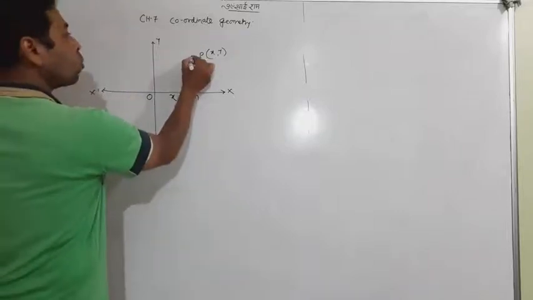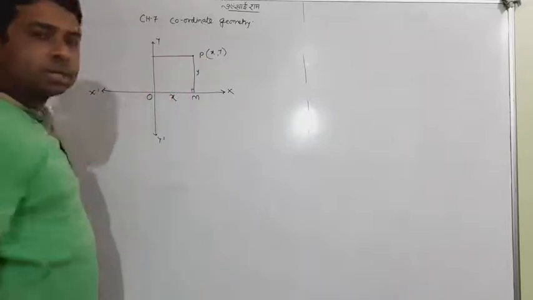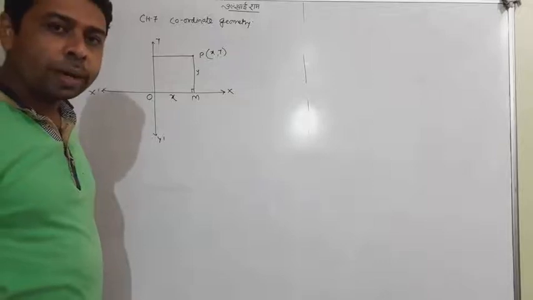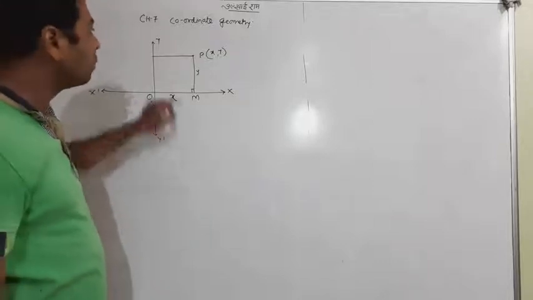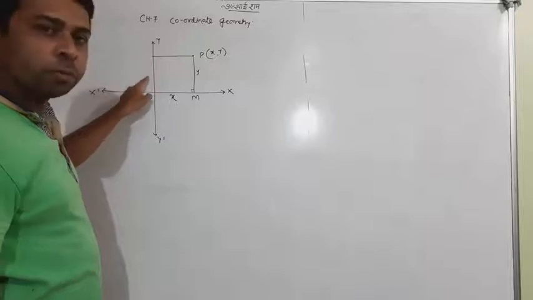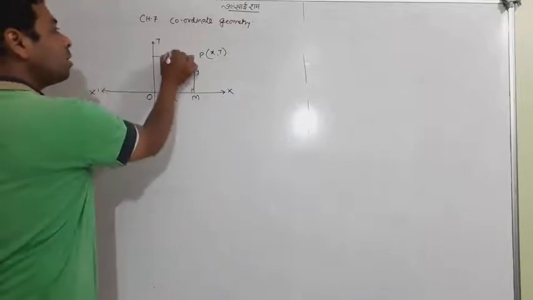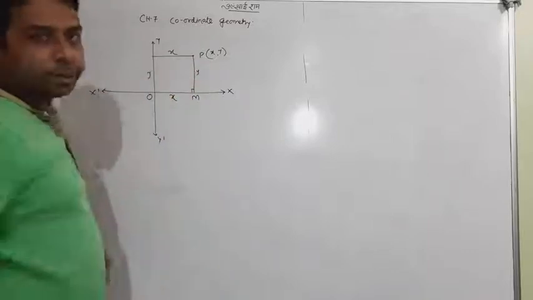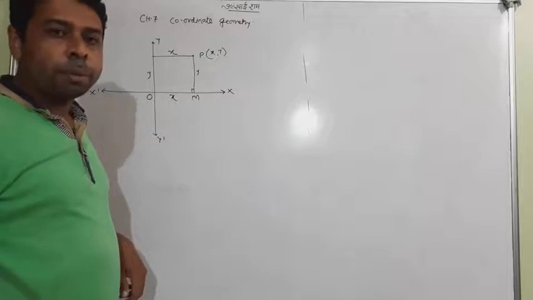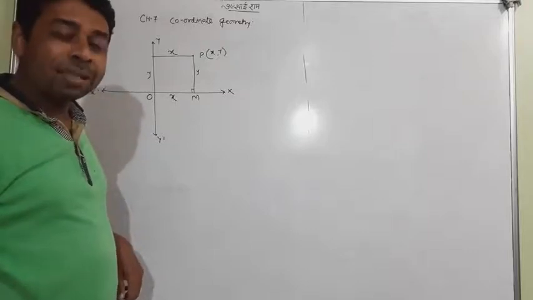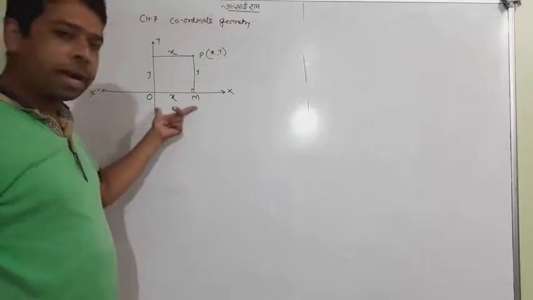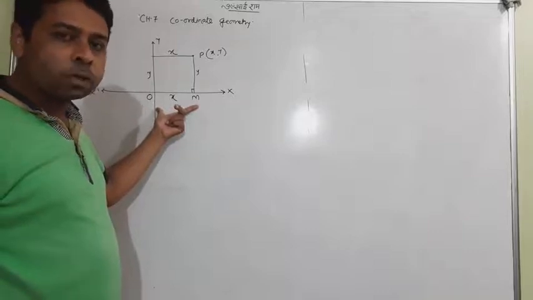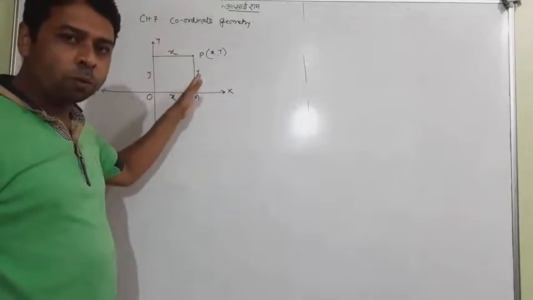If you draw the perpendicular on the y-axis, again two distances are created, a horizontal distance x and a vertical distance y. So keep in mind, whenever you draw the perpendicular on the x-axis, the cut-off part on the x-axis is equal to the x coordinate, and the vertical part is always equal to the y coordinate.